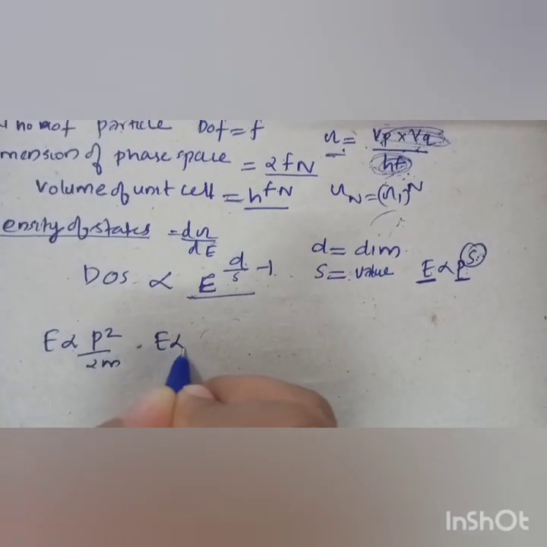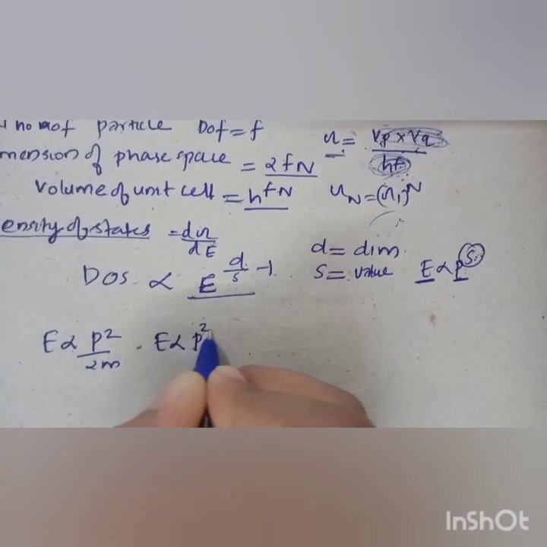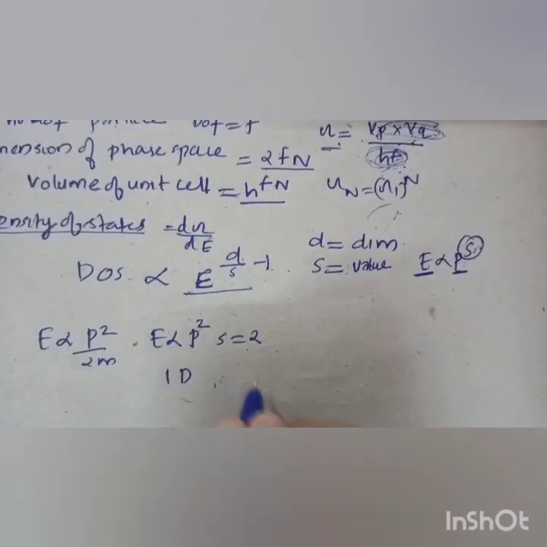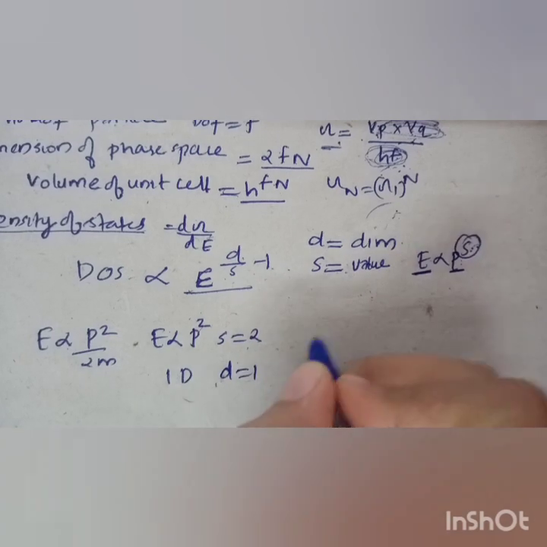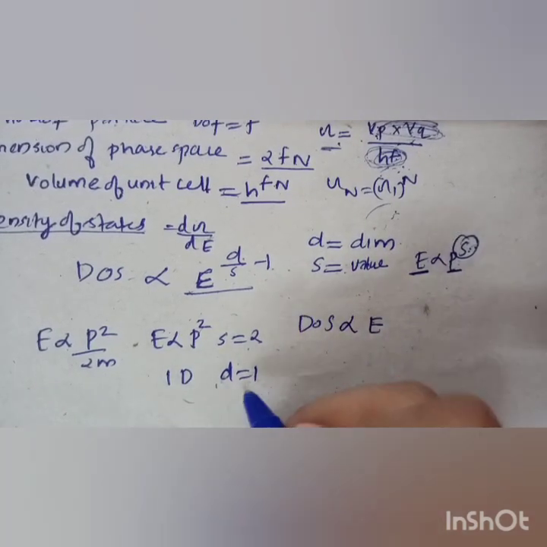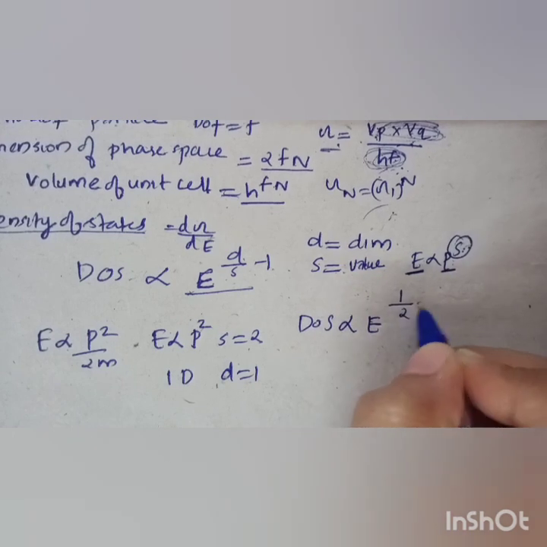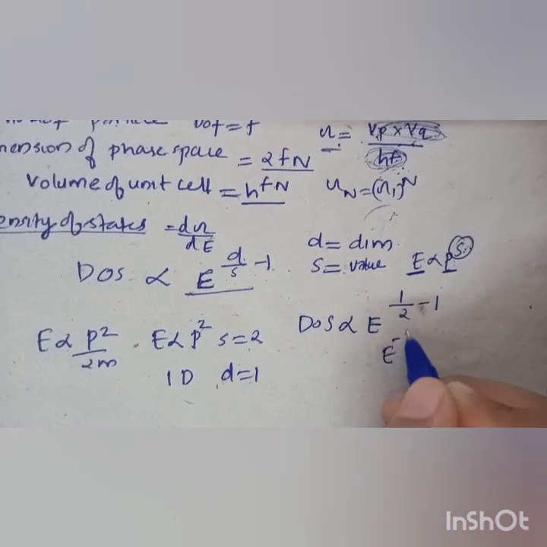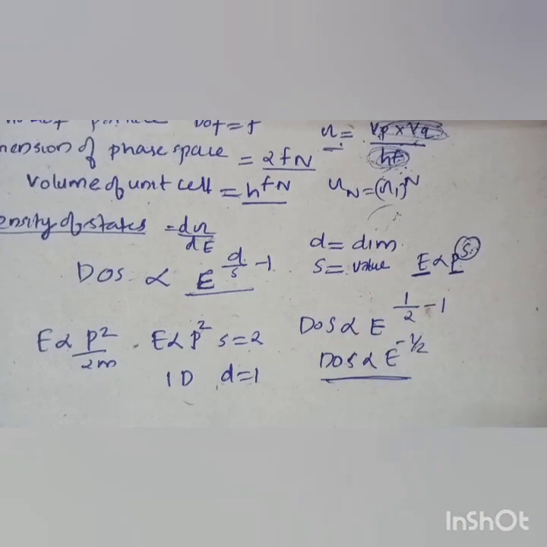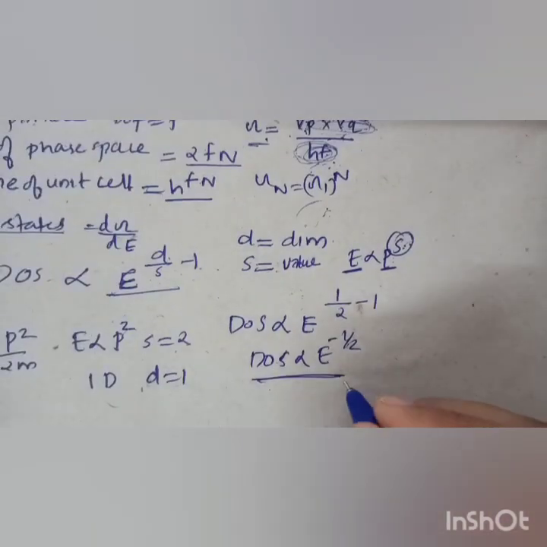So E directly proportional to P power s means P power 2, so s is equal to 2. When we consider the one-dimensional case, d is equal to 1. So density of states is directly proportional to E power d by s minus 1, that is d is 1, s is 2, 1 by 2 minus 1, that is E power minus half. Density of states is directly proportional to E power minus half, that is the answer.